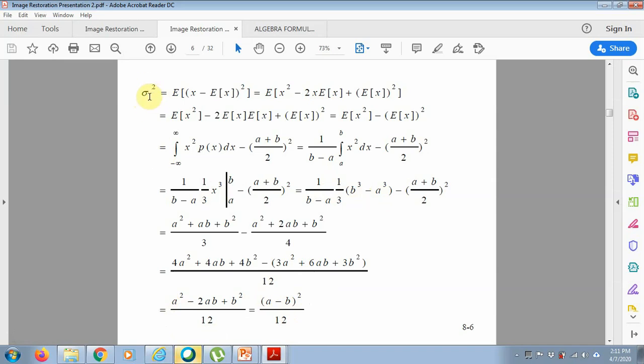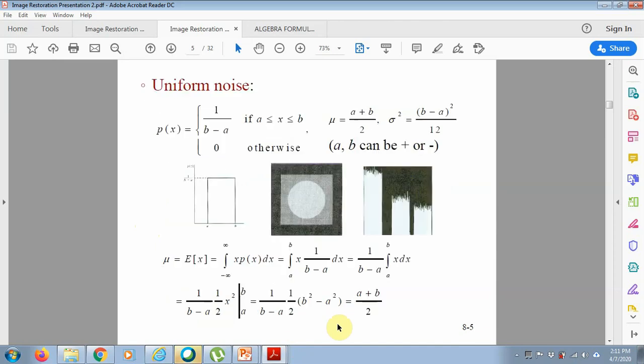So the mean is equivalent to (a plus b) by 2, and the variance is equivalent to (b minus a) squared divided by 12, and that is actually the uniform noise, where you consider the mu value, sigma value and variance value.